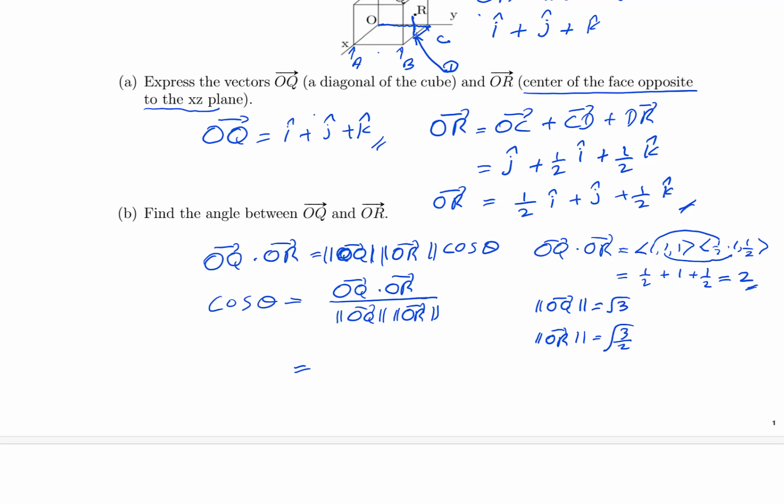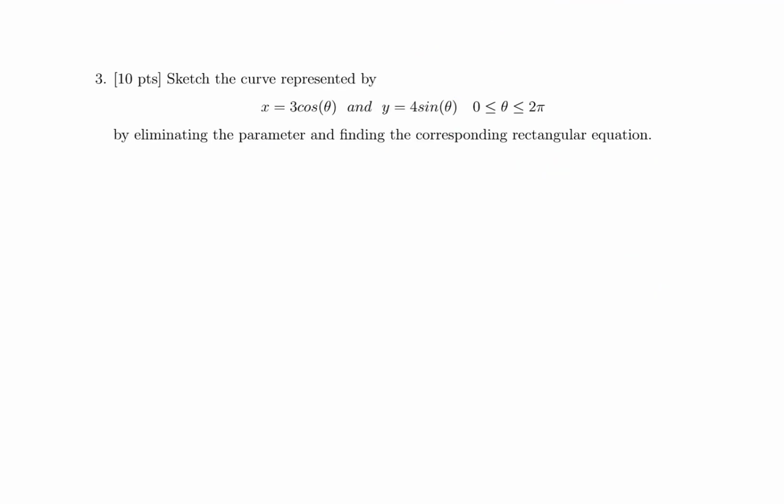So then you will get 2 divided by root 3 times root 3 over 2. The answer is 2 root 2 over 3. From this, we can say theta equals cosine inverse of 2 root 2 over 3. So that is the theta.